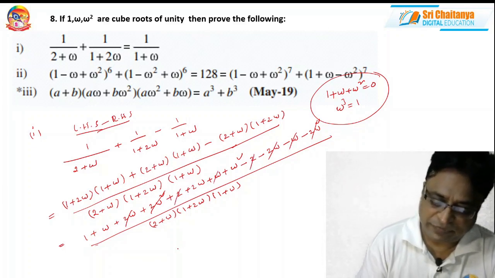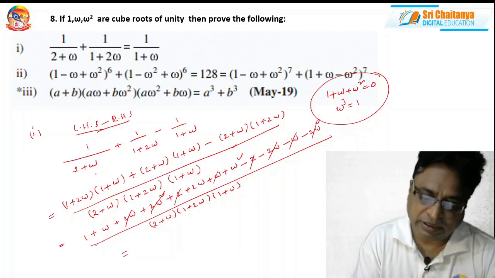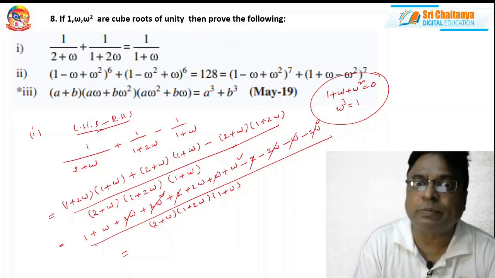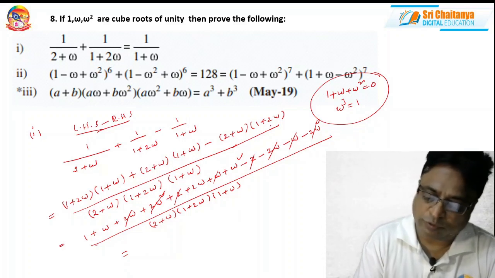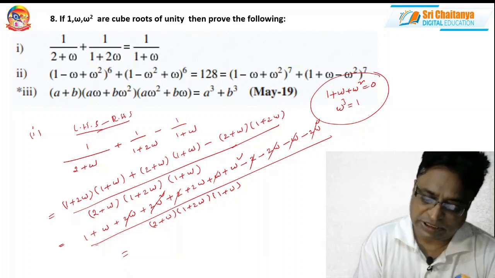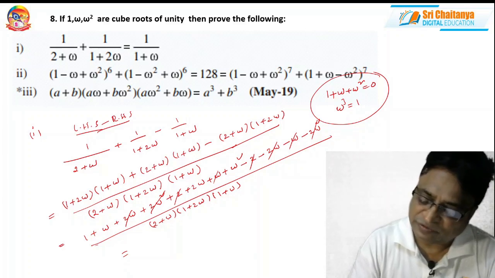Once again, 1 plus 2 omega into 1 plus omega, 2 plus omega into 1 plus omega, and 2 plus omega into 1 plus 2 omega. So 1 plus omega plus 2 omega plus 2 omega square, next 2 plus 2 omega plus omega plus omega square minus 2 minus 4 omega.